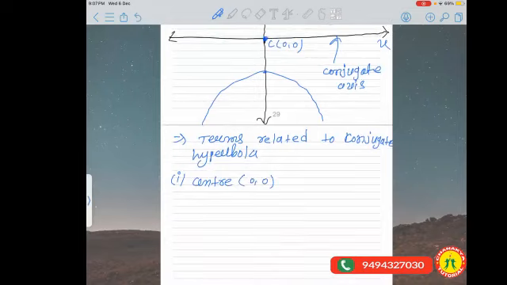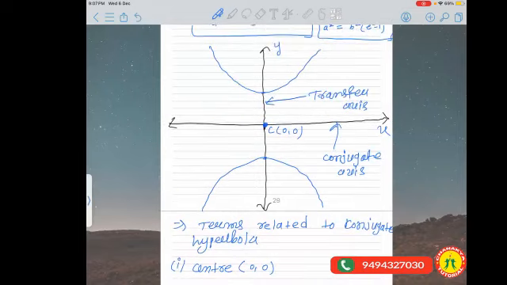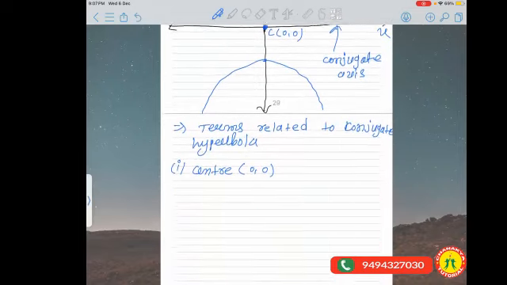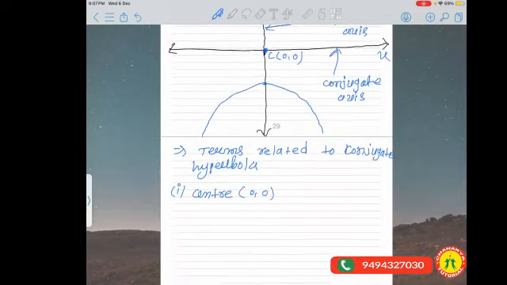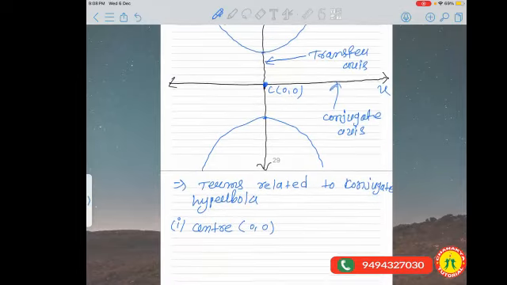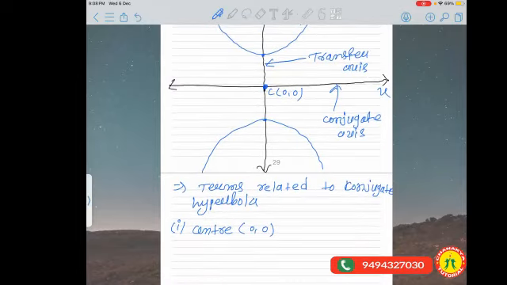Now see the length of the transverse axis. The vertices are 0 comma b and 0 comma minus b.